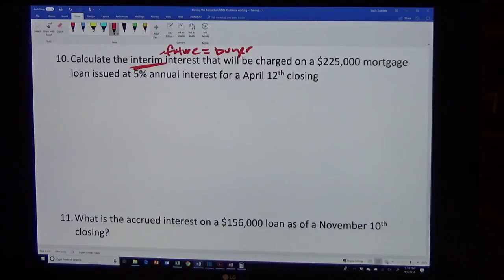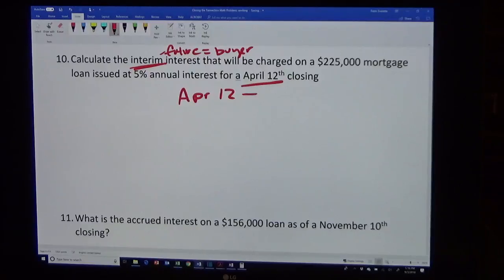So, in this case, we want future interest from the closing date, from April 12th through April 30th. Now this is where it's harder to count the days. This is not 18 days, this is 19 days. I don't care if you have to use your fingers, your toes, or tick marks.